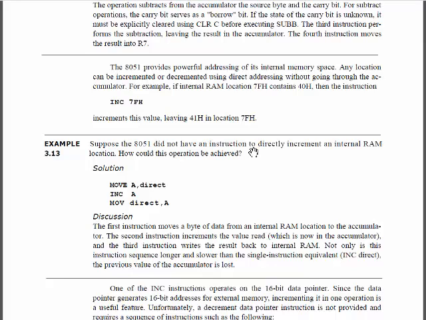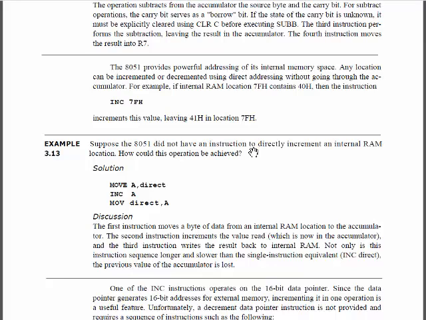So here we're going to move direct, whatever direct happens to be. But that's a memory location. And notice that it uses the word direct. We can define variables in assembly language and just use the variable name.